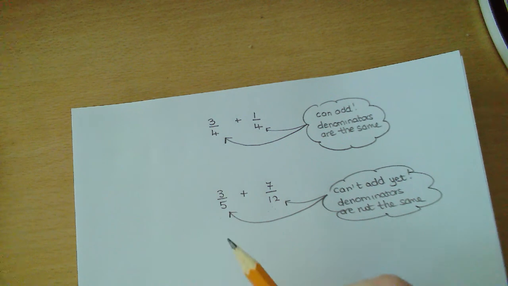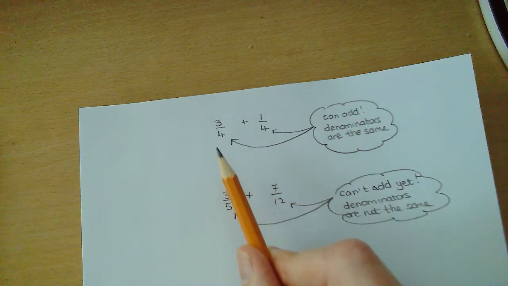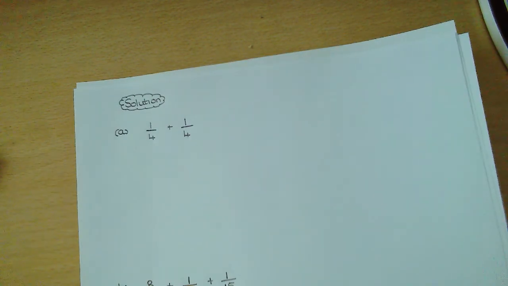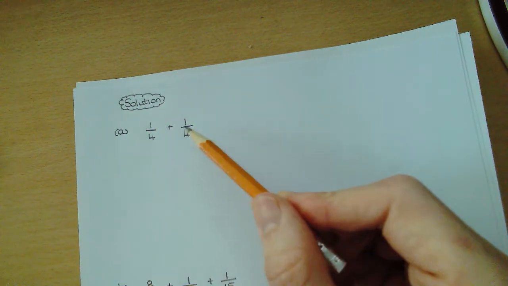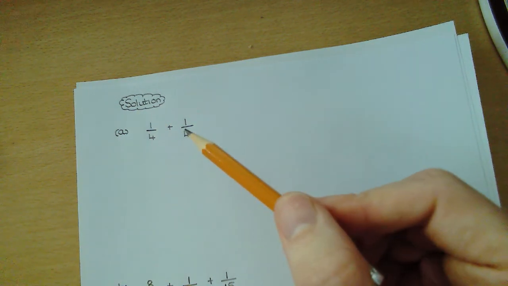So the first thing we're going to look at is how do we actually add the fractions when their denominators are the same. So if we look at example A, we want to add 1/4 and 1/4. The denominators are the same, so that means we can add them.